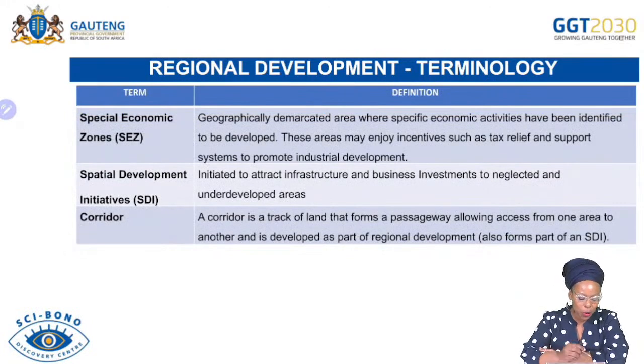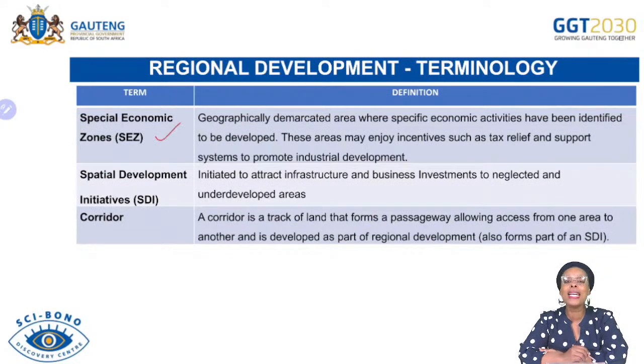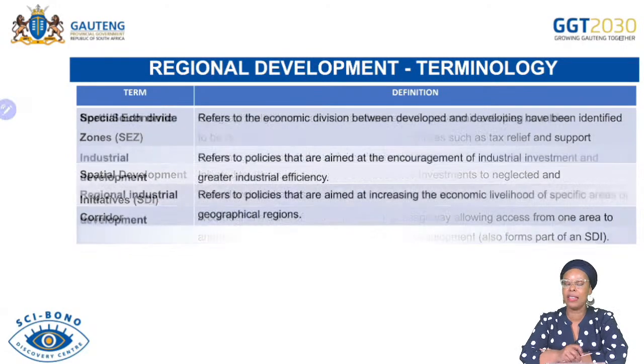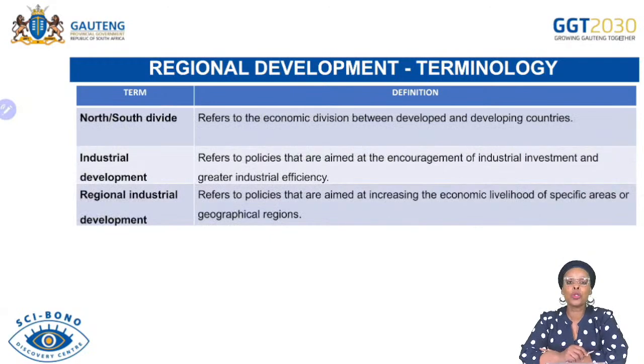You also need to know what a special economic zone is, what special development initiatives are, and what corridors are. I will explain everything. You also need to know what the North-South divide is, and what industrial development and regional development are. So let's get started.